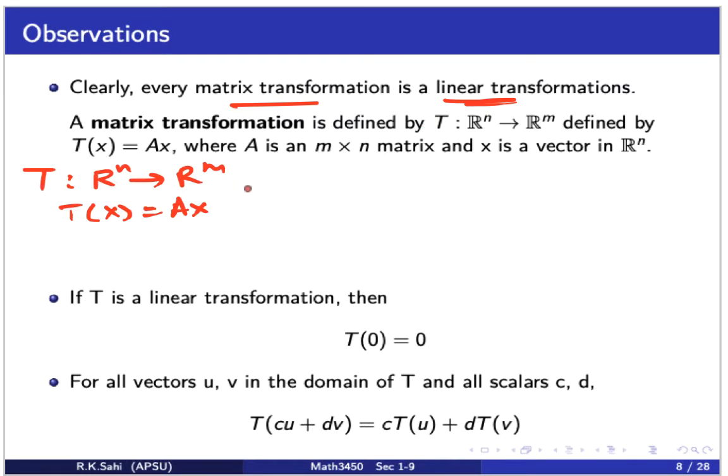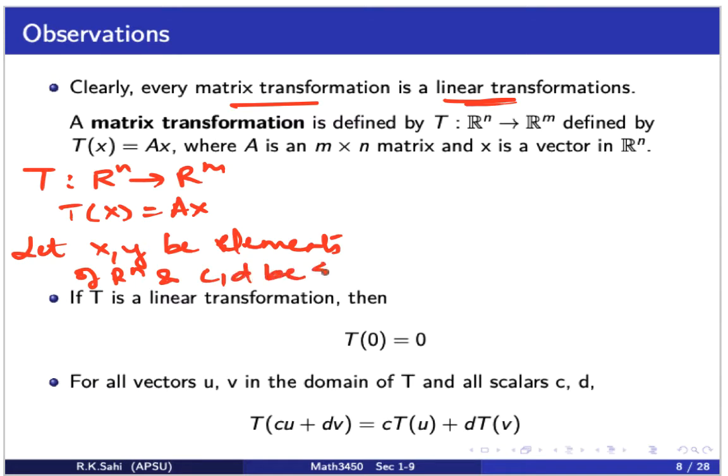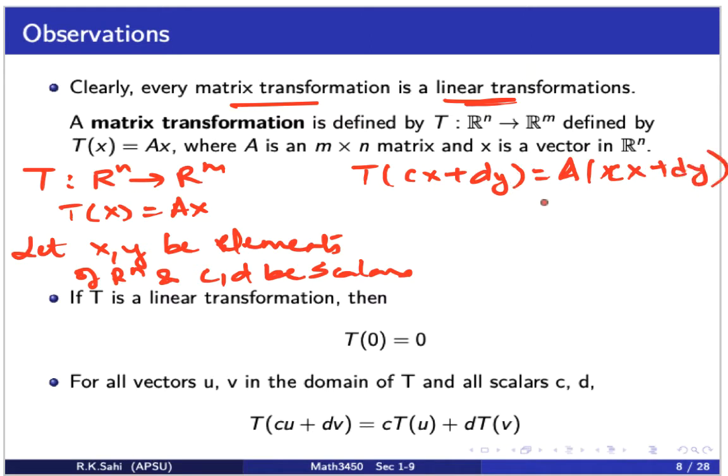To prove that it's a linear transformation, you can say let x and y be elements of Rn and c and d be scalars. Then T of cx plus dy equals, according to the definition, A of cx plus dy. Now, A is a matrix, cx is a vector, and dy is a vector.